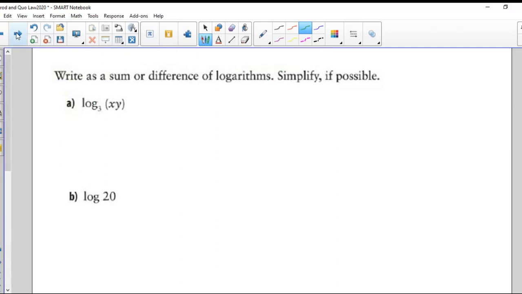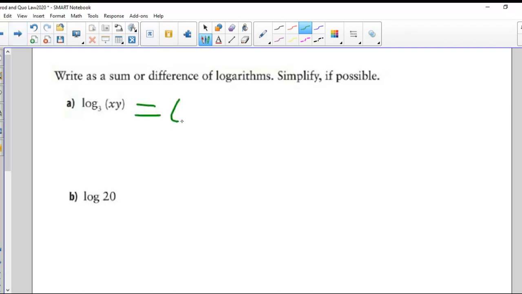Let's go the other way. Right? This is a sum or difference. Simplify if possible. So in the first case, we're given a sum and asked to make it into a product. Now we're given a product and asked to make it into a sum and simplify if possible. So I'm going to do the first one just to make sure that everybody understands what I'm trying to do here.